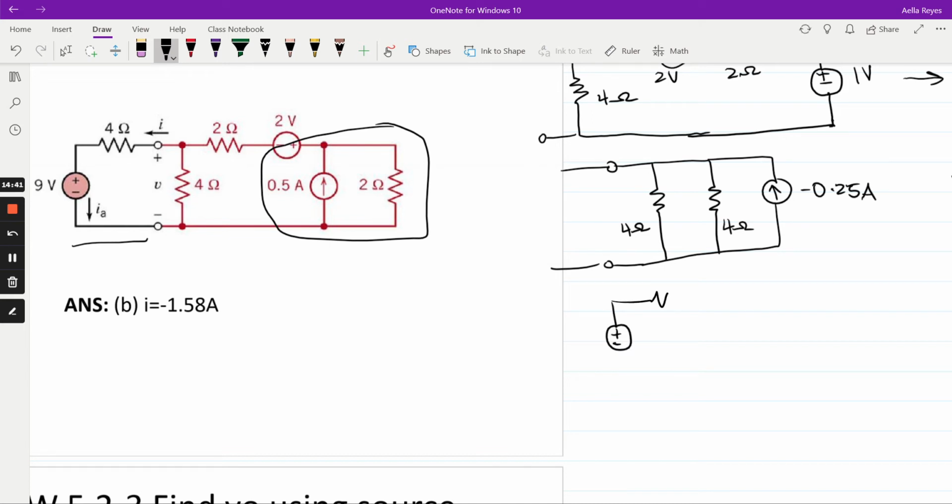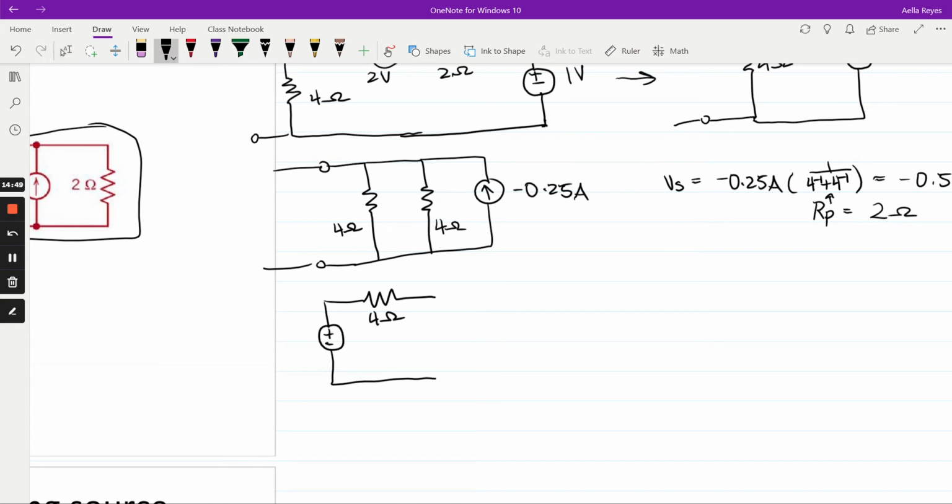Plus minus 4 amps right here. And then, why does it never connect? Just imagine they connect. 2 amps right here.